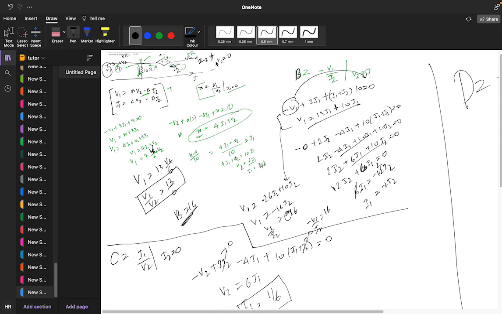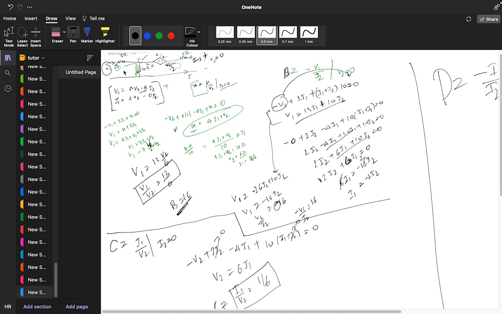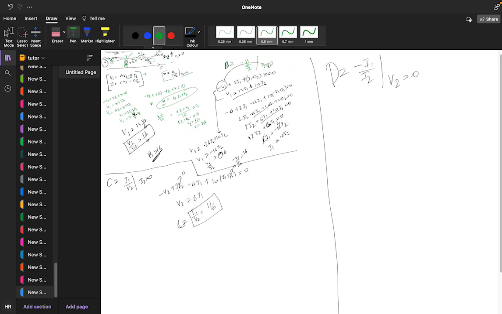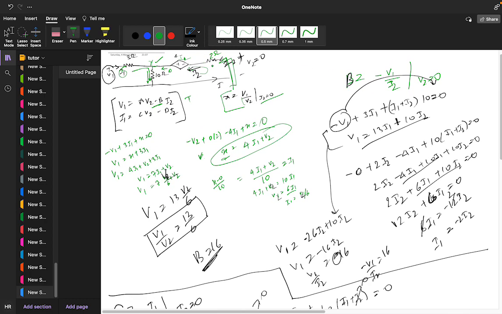So you need to find the ratio between I1 and I2. Same thing you need to do, but the condition is what? Your V2 is 0. So form the KVL and get the results.